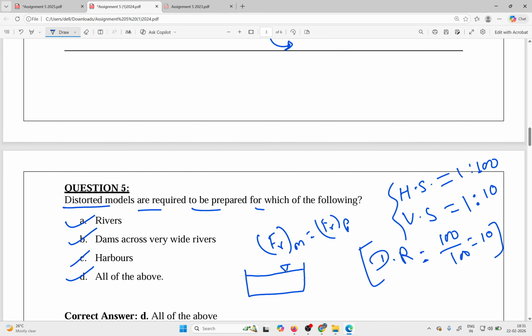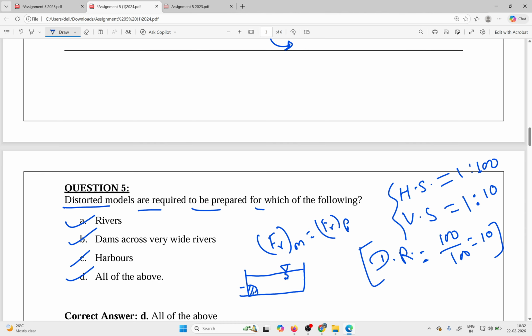You need to maintain also the water depth, please remember. So for maintaining the water depth, also you have some features in the river system, sand depositions, what should be the sand deposition height in the river and what should be kept in the laboratory. So those are things we need to take care about in the laboratory. So we have to go with the distorted model. There is no way.